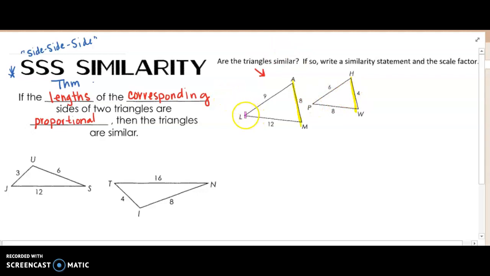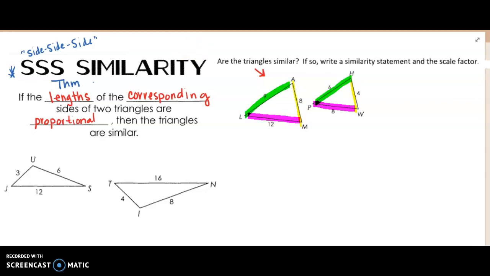Now I'm going to label the biggest side purple, and the middle side green. This just helps us visualize which sides are corresponding. Now I'm just going to check each of these proportions.